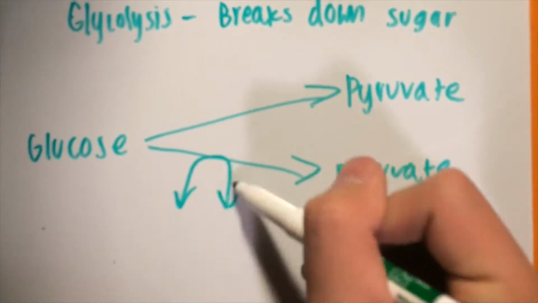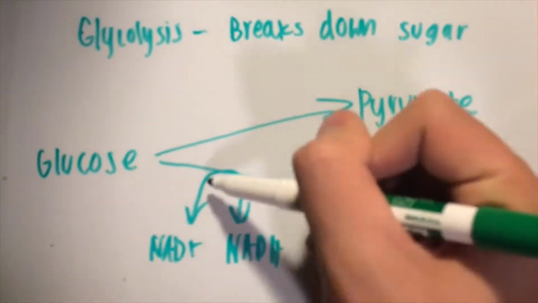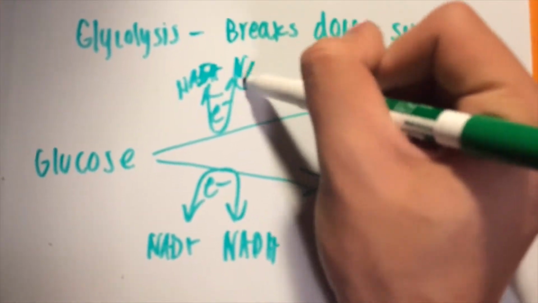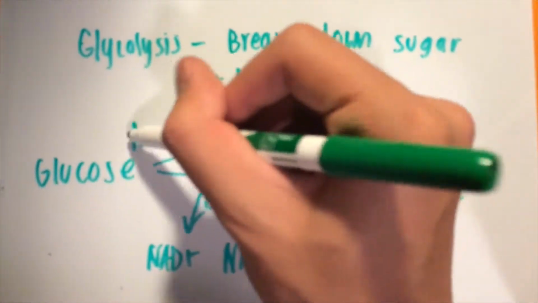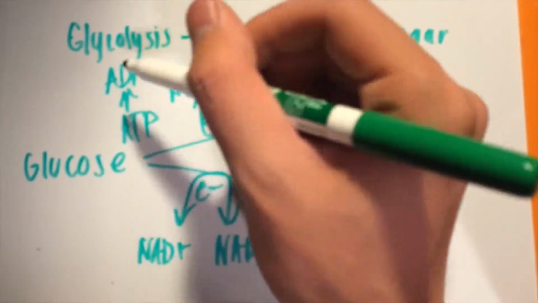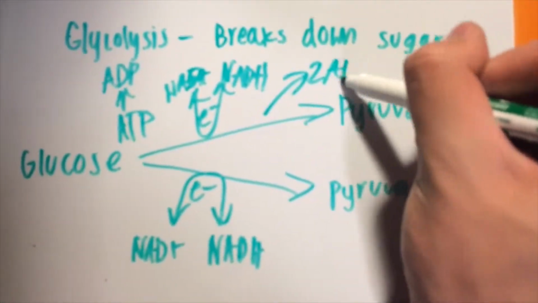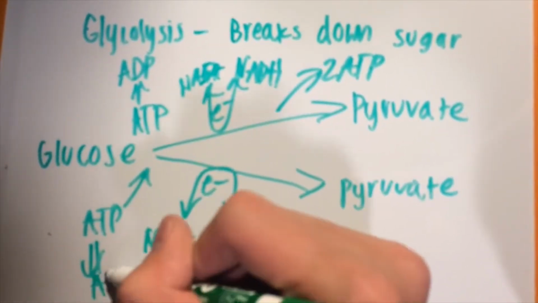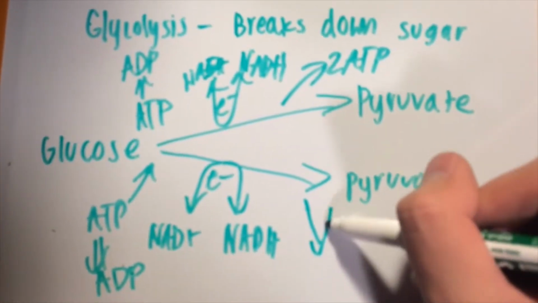and during glycolysis, 2 NAD plus lose an electron and become 2 NADH, and 2 ATP becomes 2 ADP. And since the bonds break, energy is released. Then 4 ADP take in energy and become 4 ATP.